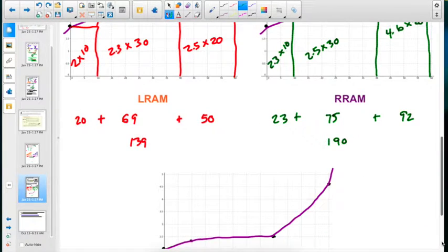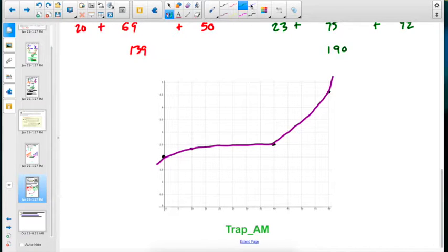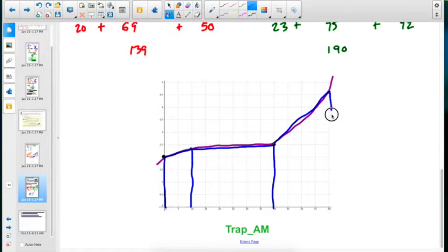So our trap then is going to look something like connecting these 2 dots and then coming down to make that trapezoid, and then connecting these two dots and coming down to make that trapezoid, and then connecting these dots and coming down to make that trapezoid.